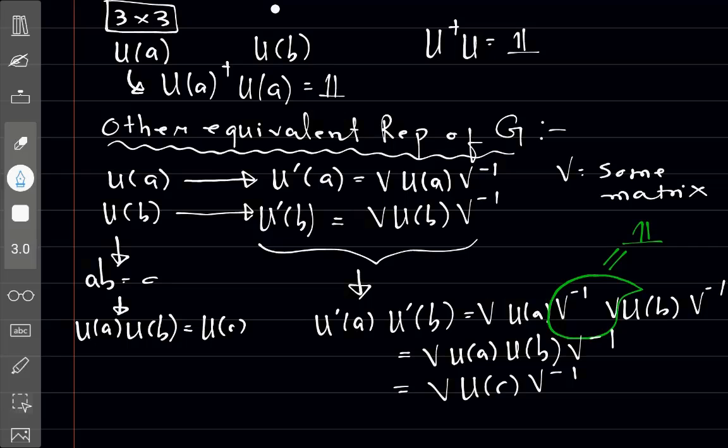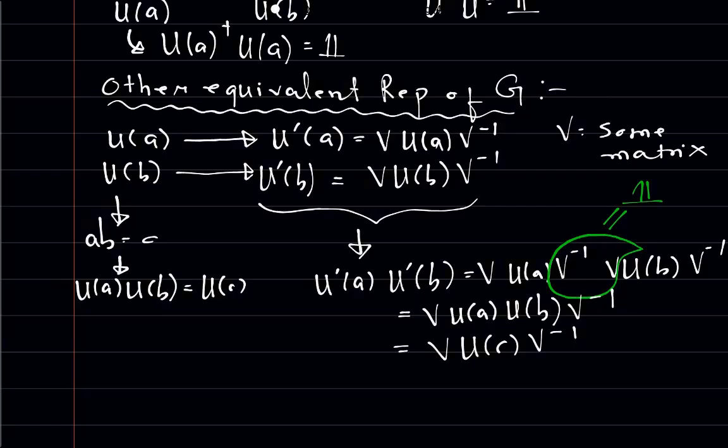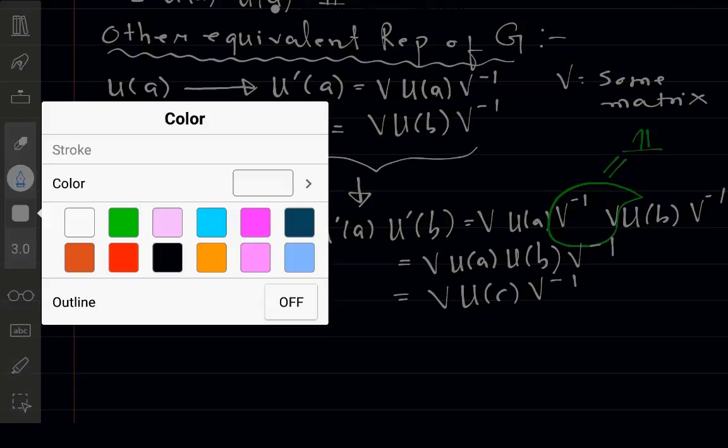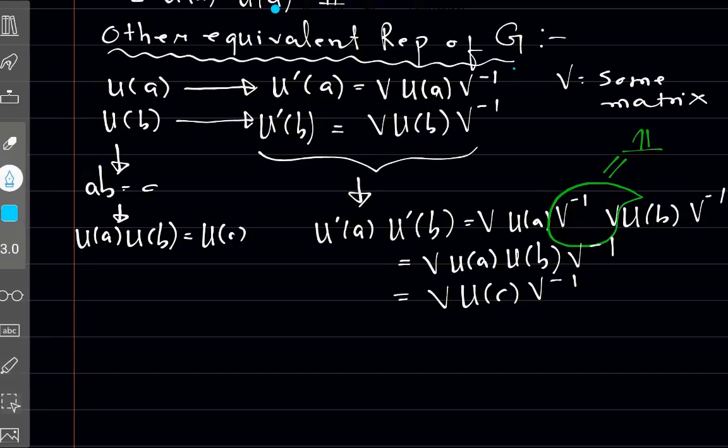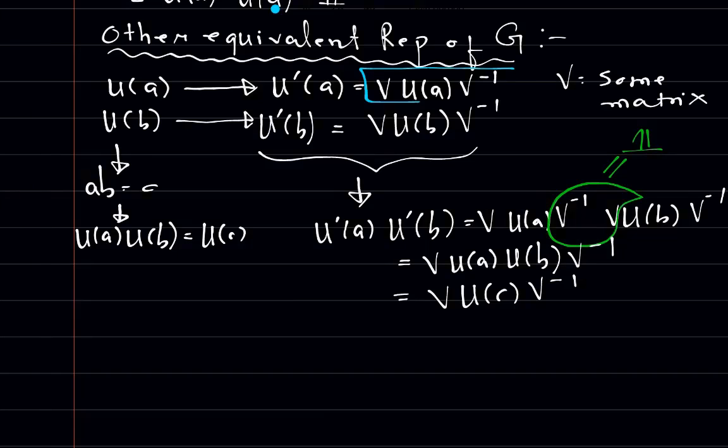Now you would ask, what did we get? Well, we found that if this object represents A and this matrix represents B, then we knew that C should be represented by this kind of object.